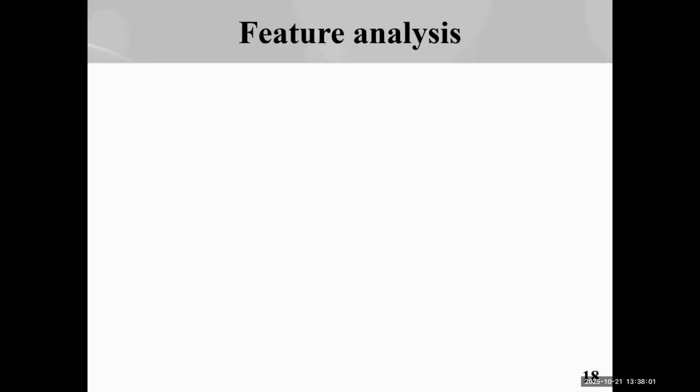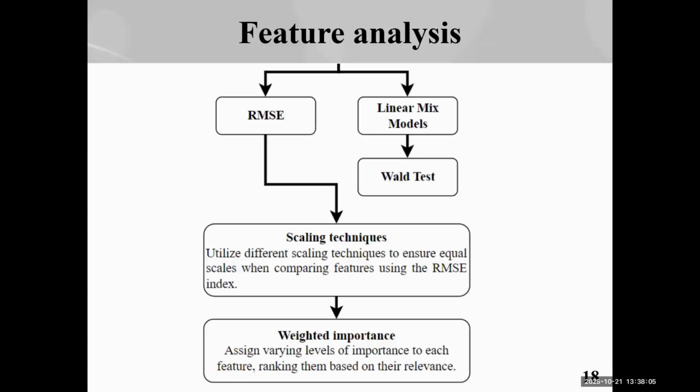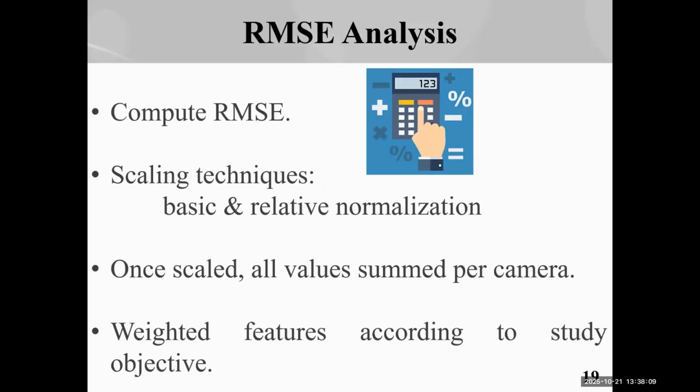In our feature analysis, as I explained before, we're divided into two parts, the RMSE, which I will explain now, and the linear mixed model. In the RMSE analysis, we calculate the RMSE value for each camera, for each feature, for all the trials, meaning that we gain for each feature and for each camera an RMSE value.